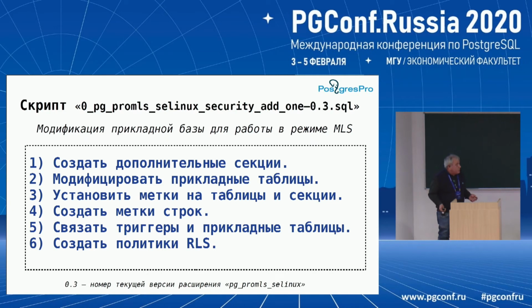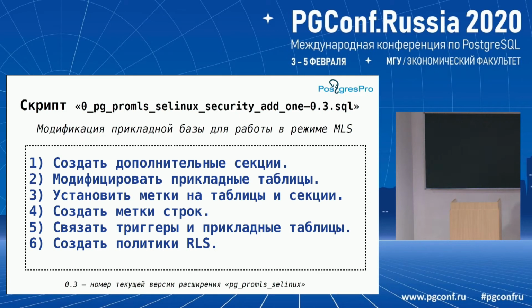The second post-installation script is like this. So what do we do here? We are turning the applied database, we create additional sections in the label storage, we modify the applied tables. I mentioned that. We install labels on the tables and sections.